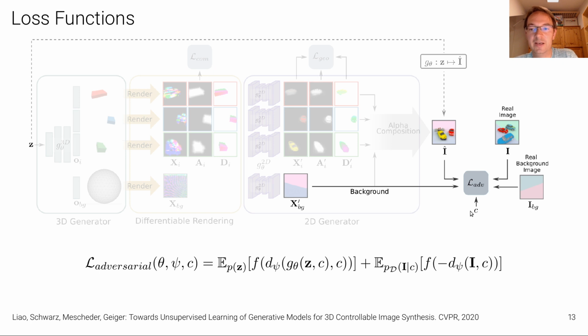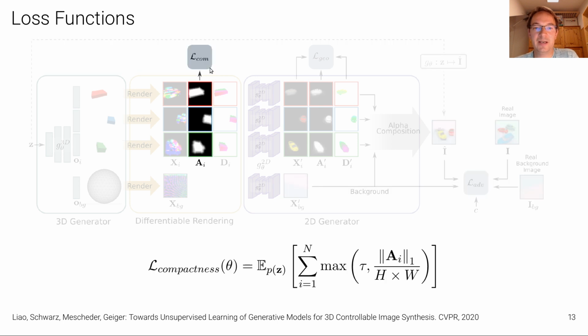And we have this flag here which determines if the input to the discriminator should be compared to an image with foreground objects or just the background image. Having this real background image dataset and this flag in the discriminator now allows for distinguishing foreground and background and correctly puts all the object information into the object slots here.